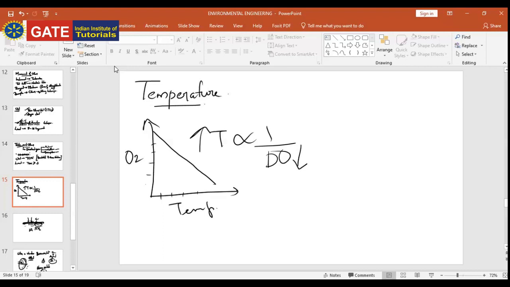Now we have some fishes and all. Yes, Aditya, I didn't see your message. Temperature is inversely proportional to DO. Yes. Sometimes we have some aquatic organisms that breed according to temperatures.